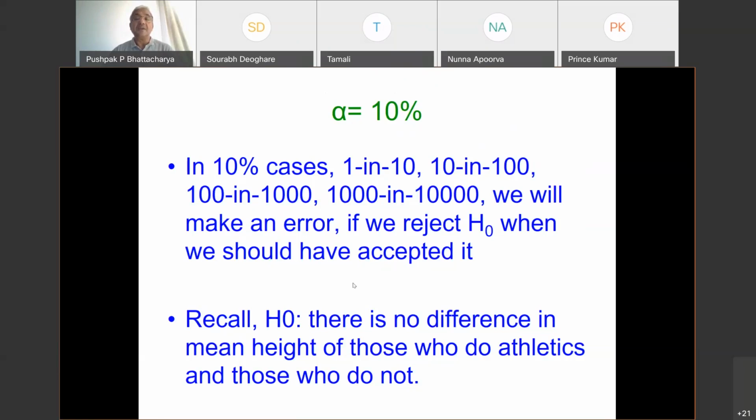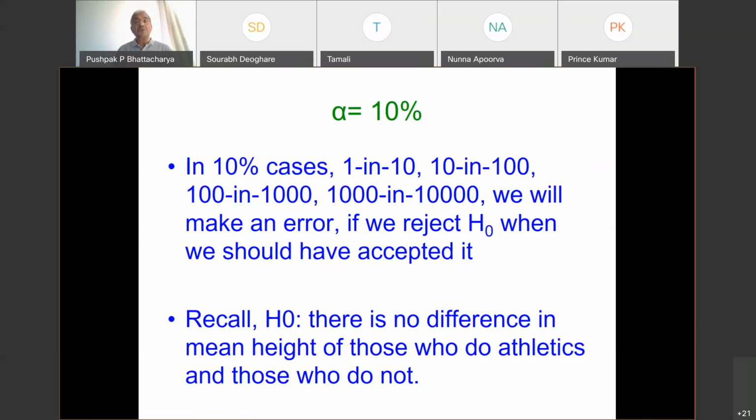And if the level of significance is 10%, then if we reject this hypothesis, that is, we reject the hypothesis that there is no difference in mean height of those who do athletics and those who do not, then in 100 cases out of 1000, we will commit an error.